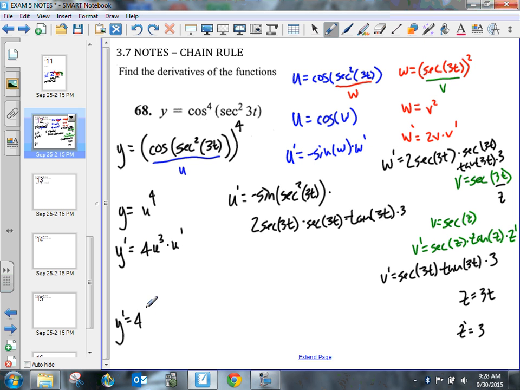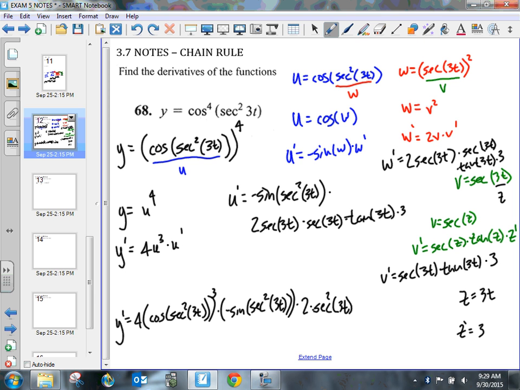4 times u, well, u was cosine of secant squared of 3t, so cosine of secant squared of 3t, that whole thing cubed. And then times u prime, which is negative sine of secant squared of 3t, that whole thing, times 2 times secant of 3t.